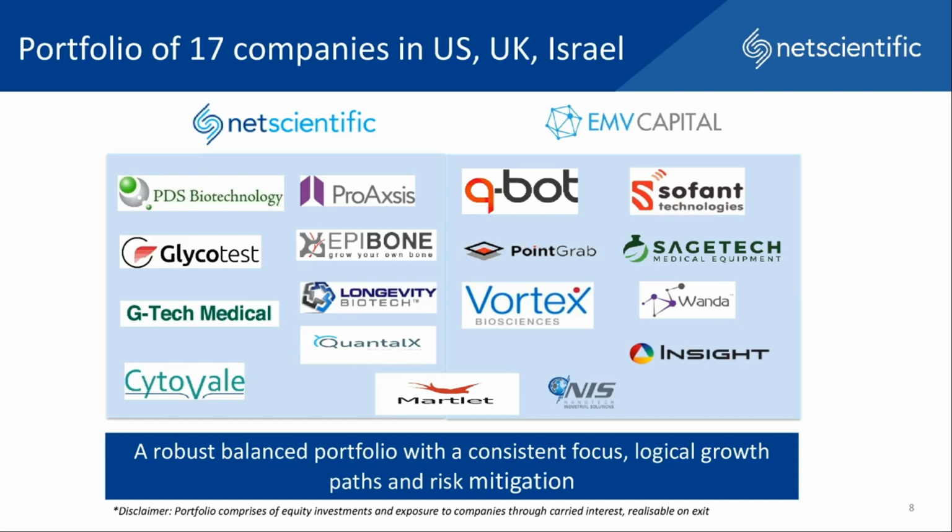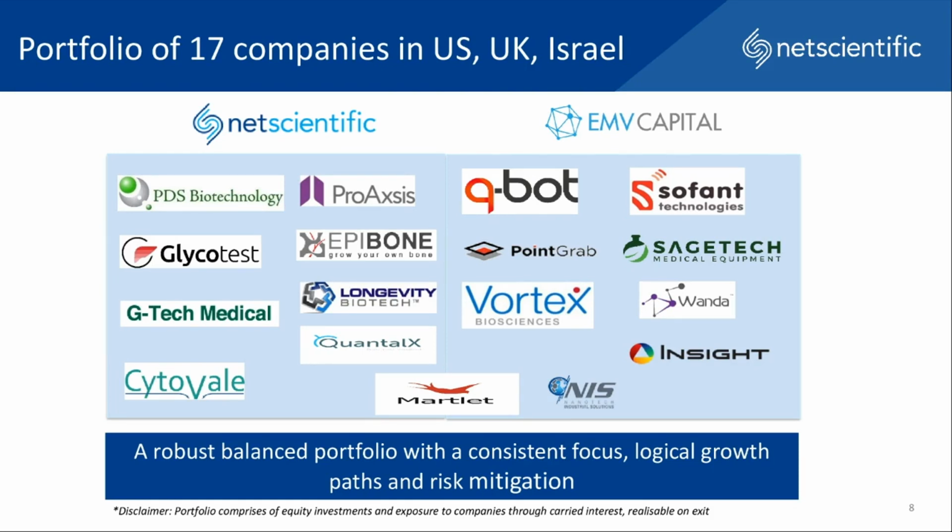With that in mind, we look next and say, okay, where is it coming from? So we have an excellent portfolio, 17 companies based in the US and the UK primarily, but also with a successful Israeli company. And we are looking to build on those strengths and synergies.